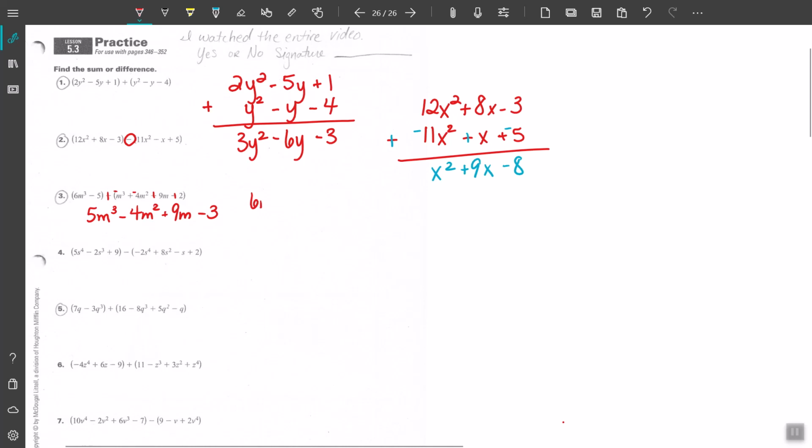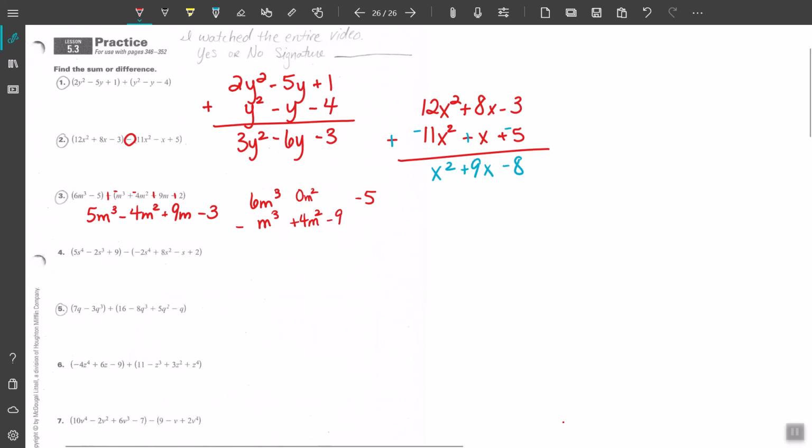If you were going to line them up vertically, then the best thing to do is leave some space in here for those two terms that are missing in that second polynomial, and put the constant out there, and then you can line these up where they would go if there were an m squared up here, but we don't have any, so you can hold that spot with a 0m squared if you like.